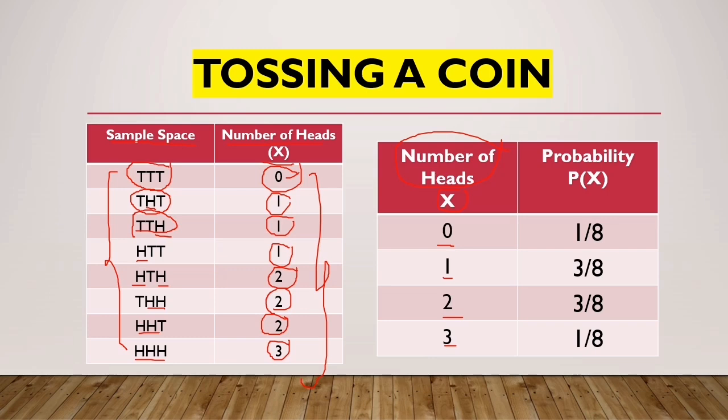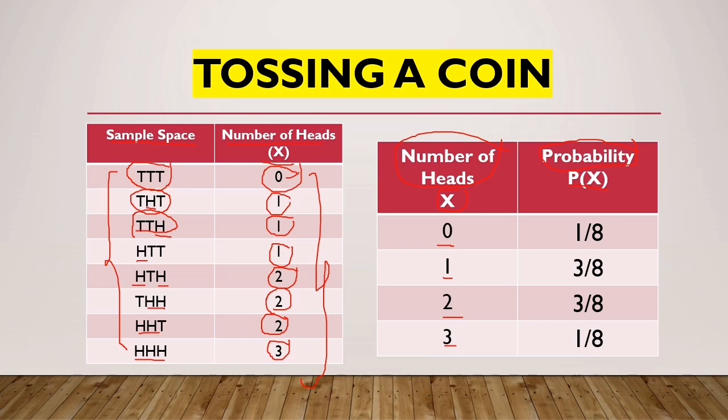Now, on the next column, we have the probability, or P of X. So, by the way, what is probability? Probability is also called likelihood or possibility. Probability is expressed numerically. What is the possibility that it would appear? For example, we have the number of heads, 0.